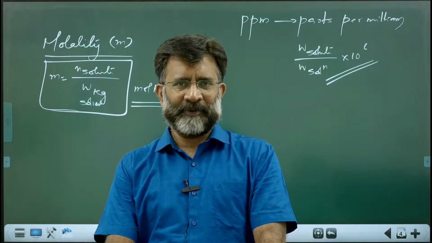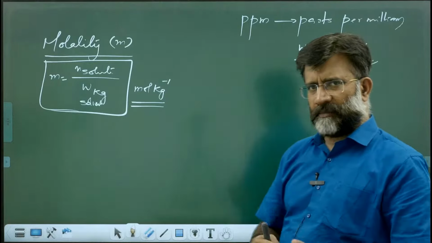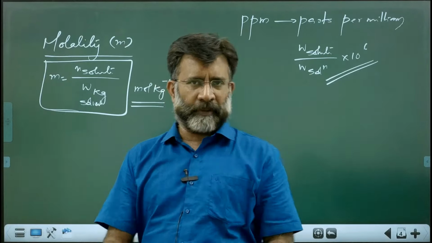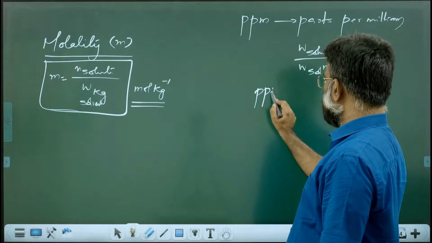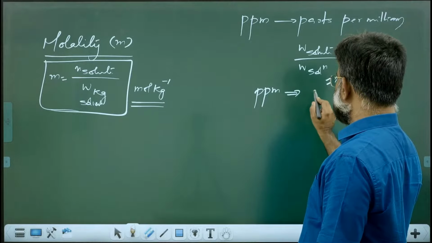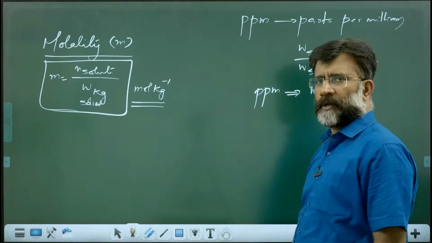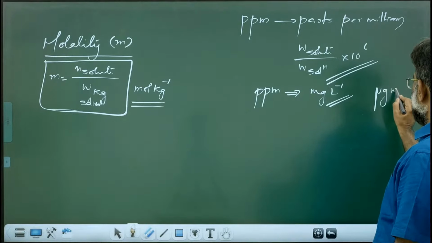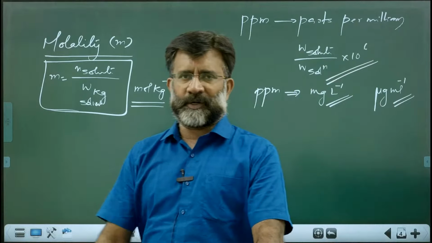Hope you get the point. And ppm can be measured in mass by mass, mass by volume, volume by volume. Different ways you can express ppm. One of the very famous units of ppm is 1 ppm can be understood as 1 milligram per liter. This is one popular unit of ppm, or 1 microgram per ml. That is another important unit of ppm.